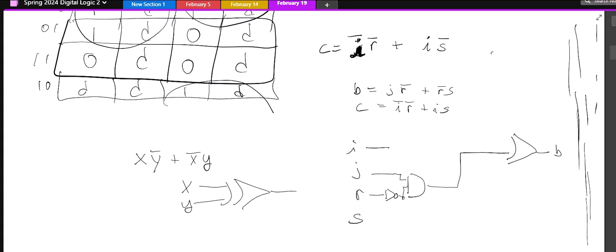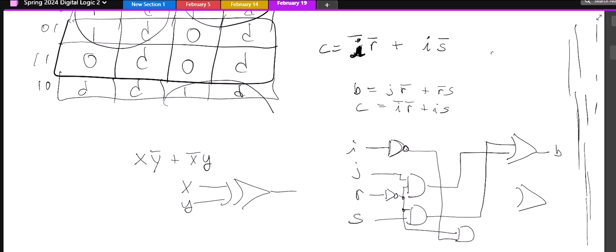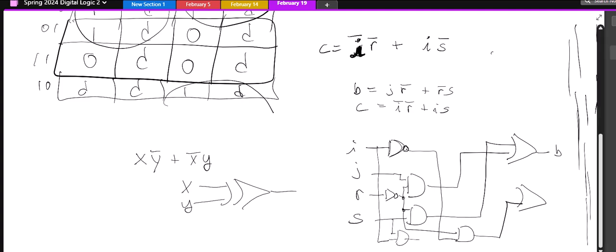And not R and S. And C is the OR of not I and not R, and then I and S. Okay, that's not so bad.